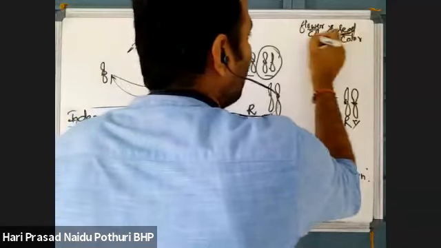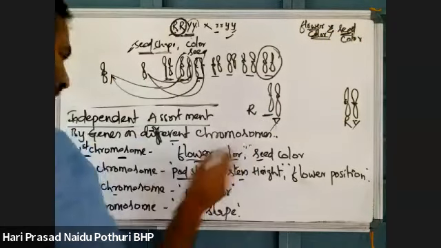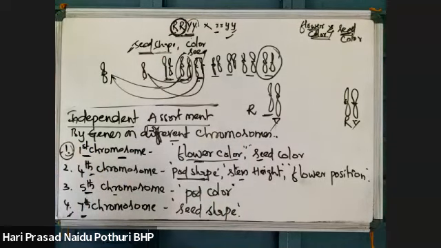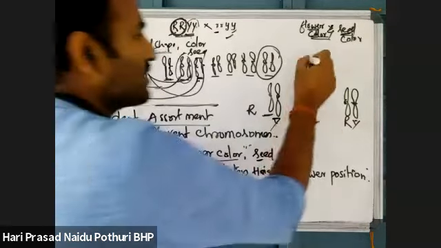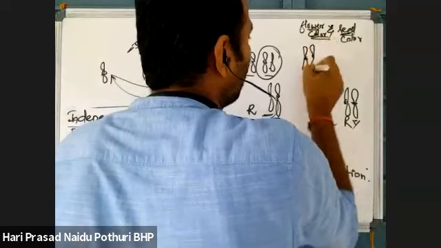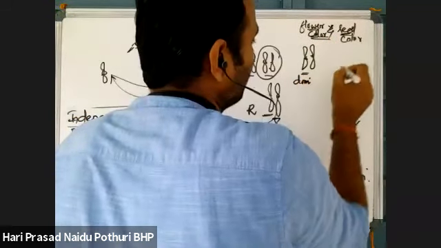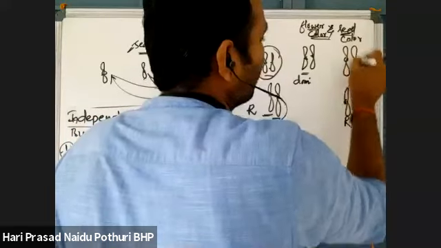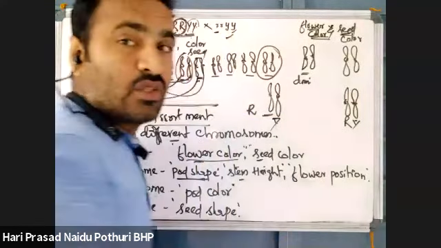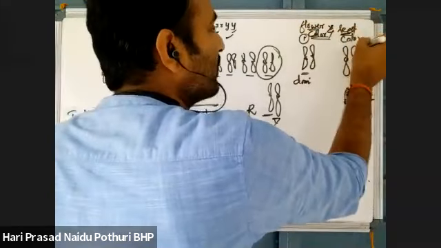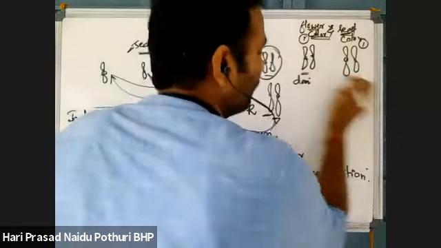So these flower color and seed color characters are present on which chromosome? The first chromosome. So this first chromosome carries flower color and seed color. Suppose this is the dominant parent and this is the recessive parent. Flower color is present on the first chromosome, seed color also on the first chromosome.